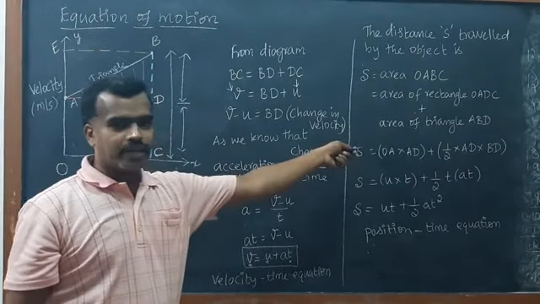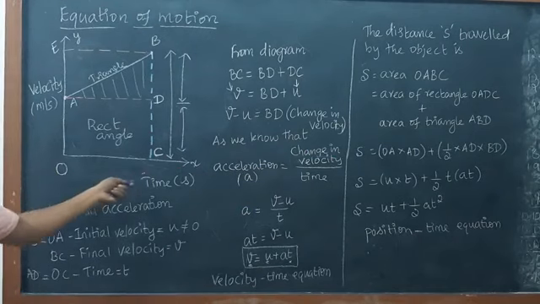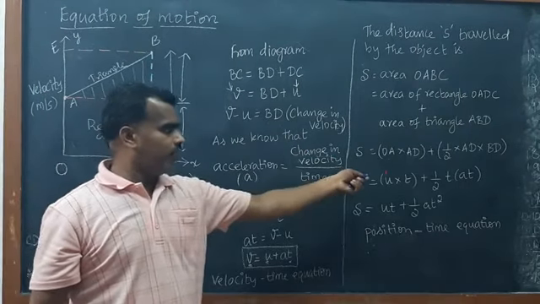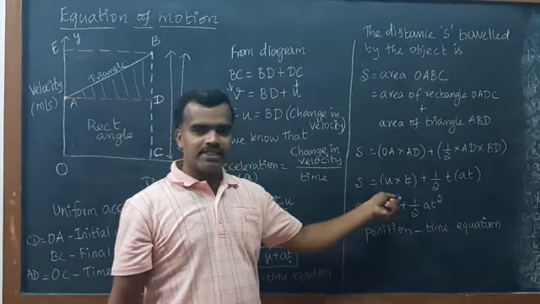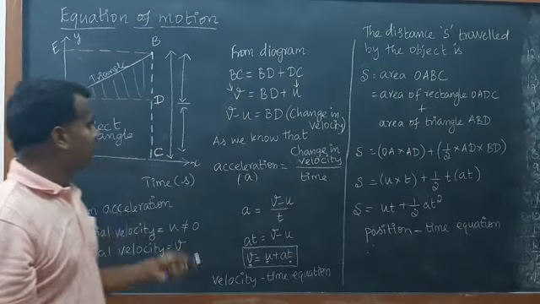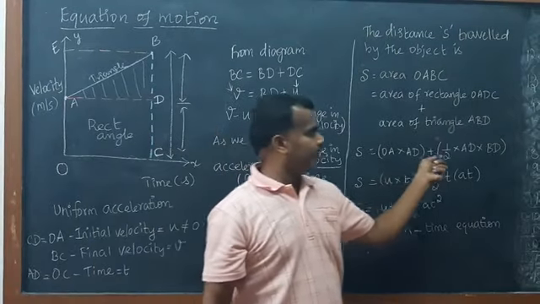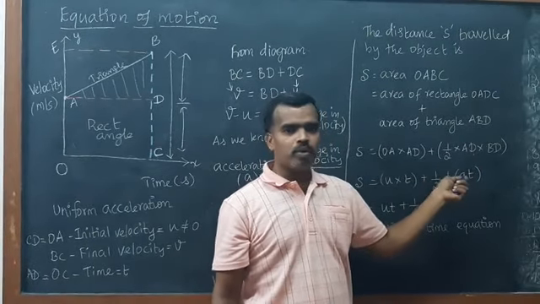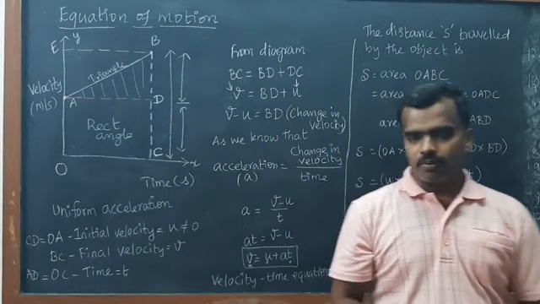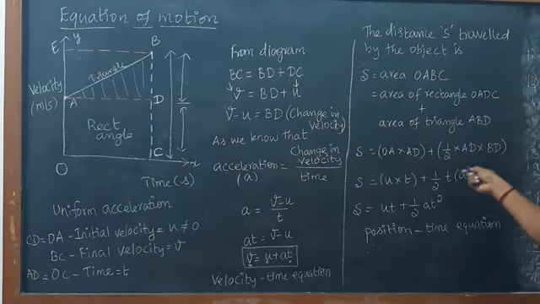So what is the area of the rectangle? OA into OC. We know that OA value is U, AD value is T, and in the triangle, AD into BD. So area of triangle ABD is equal to 1 by 2 AD into BD. So substitute 1 by 2. What is AD?